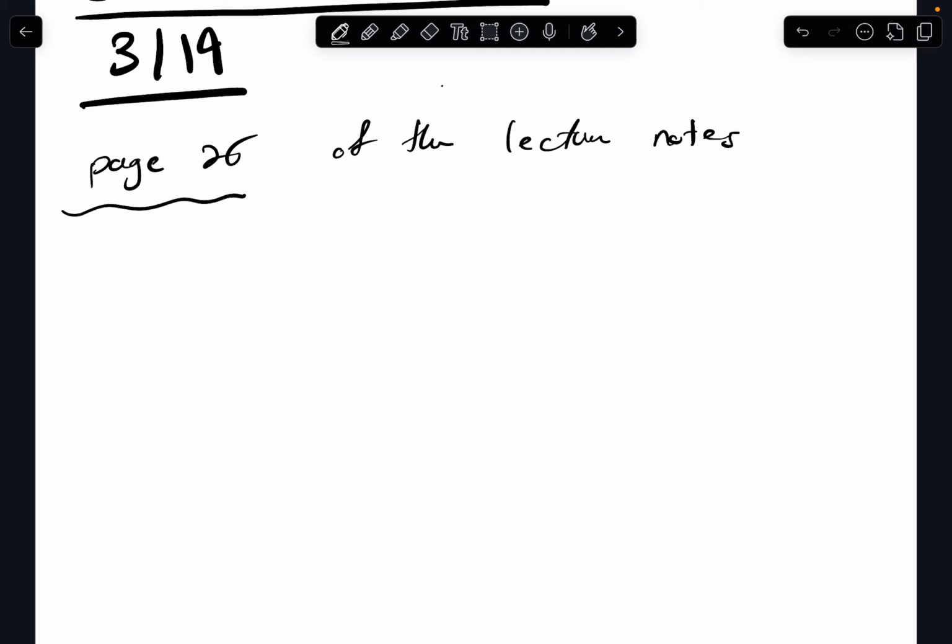The first example problem is actually one of the book examples, and it is example 4.6 of the book.